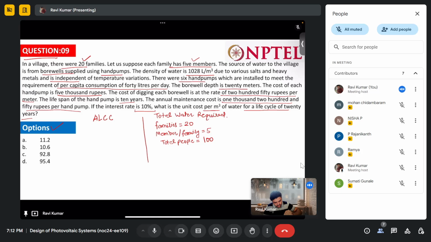The source of water is the village borehole, with 6 hand pumps installed to meet the requirement of 40 liter per person.